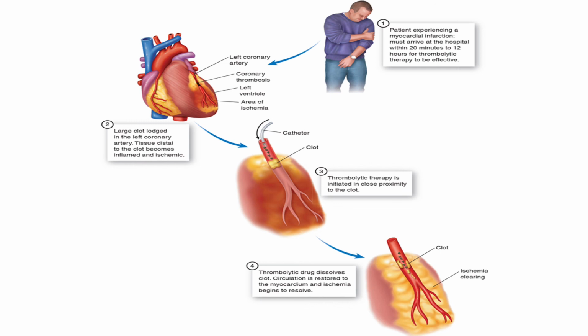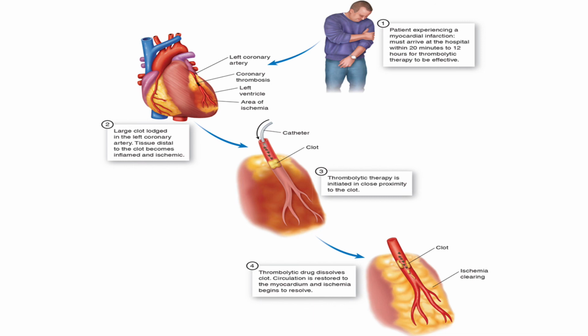Okay, so what this is showing is there's an occlusion in an artery, and if it's an ST elevation MI, we can use a thrombolytic. Now, it's not usually with a catheter that goes into the coronary artery. It's usually just intravenous thrombolytic therapy through a peripheral IV.